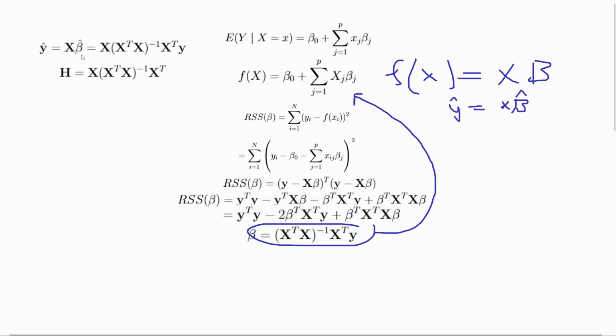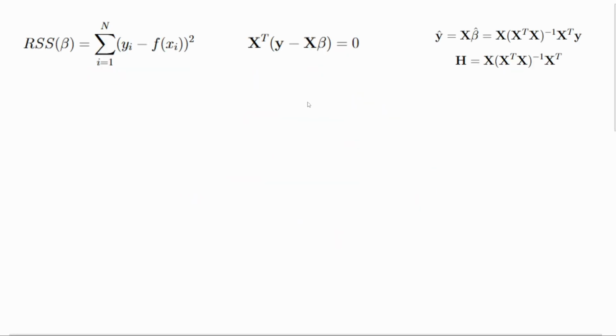And so simply plugging in this beta hat here, we get this equation. And notice that we can denote this term here as the H matrix. We call it the hat matrix because applying the hat matrix to y kind of applies the hat symbol to y. So it turns y into y hat.